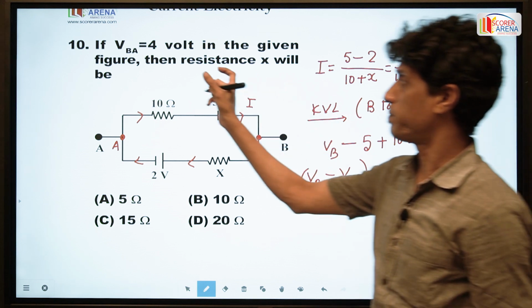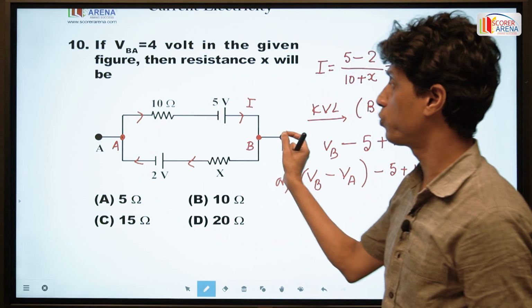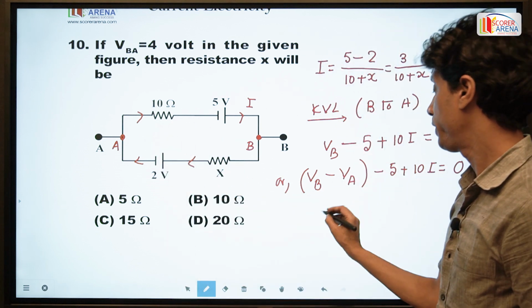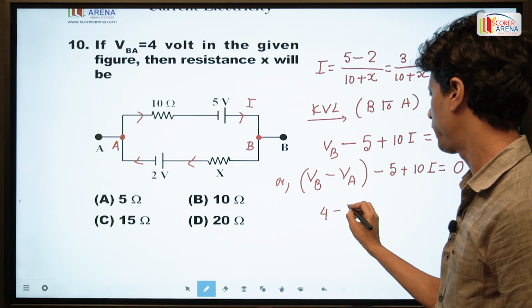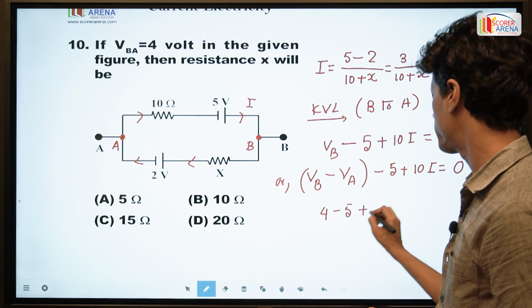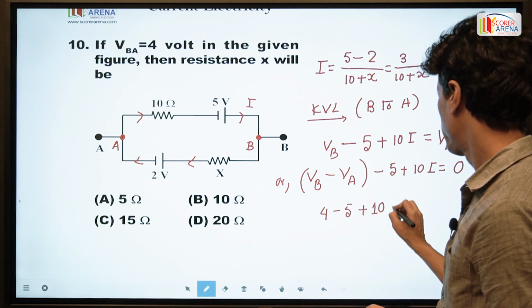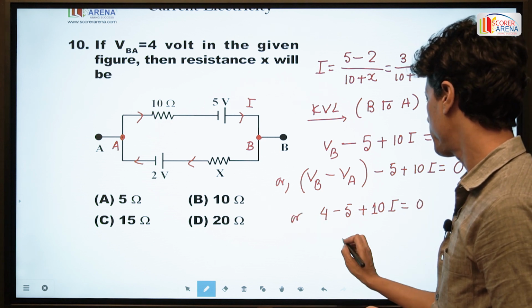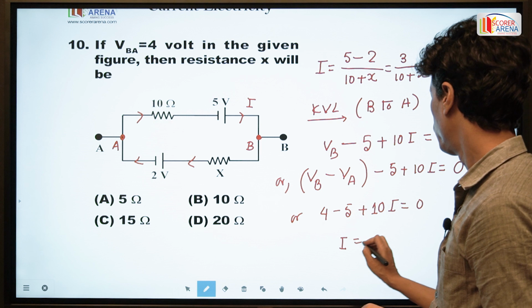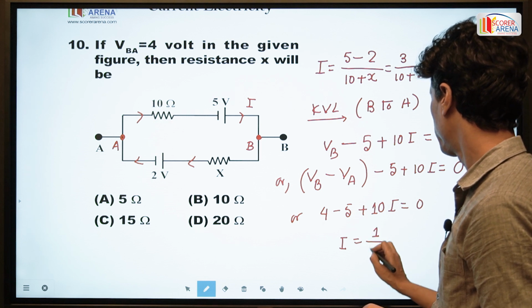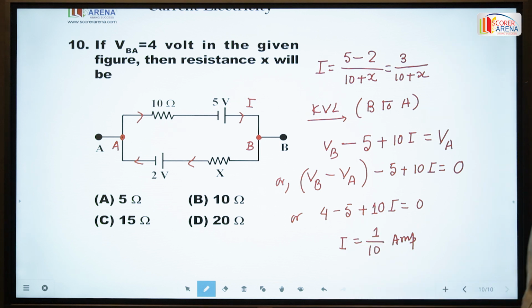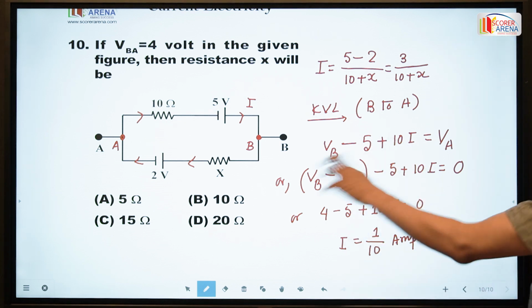VB minus VA, that is the potential difference between the two points B and A, is given in the problem as 4 volt. So it is 4 minus 5 plus 10 I equal to 0. So current I is equal to 1 by 10 ampere. So the circuit current here is 1 by 10 ampere just by applying KVL.